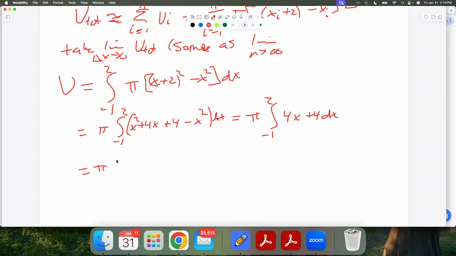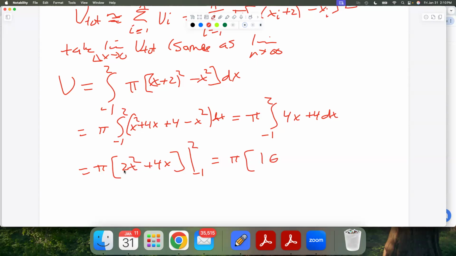All right, so now we do the integral. That will be, let's see, 4x squared over 2, so 2x squared plus 4x, evaluated from negative 1 to 2. So plugging in the top, I think we get 8 plus 8, 16. Let's check that.